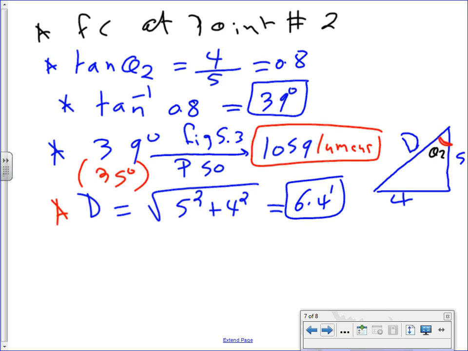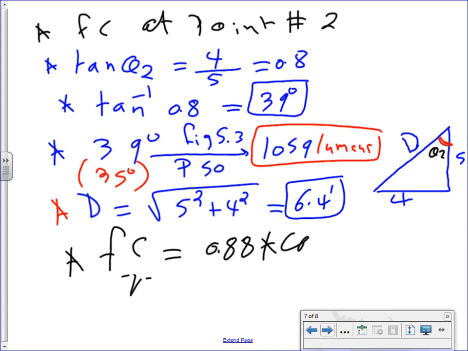Gentlemen, the last thing we need to do is find the vertical foot candle at this point. Let's start plugging in. We plug in the 0.88 guard factor, multiplied by sine, not cosine. I keep saying cosine.